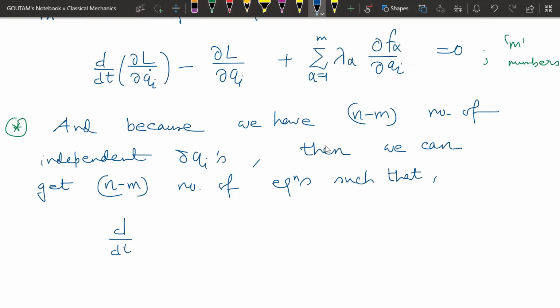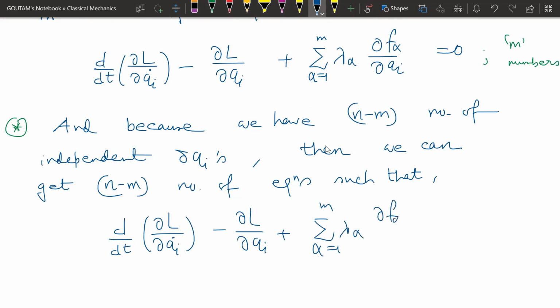d/dt of del L del Qi dot minus del L del Qi plus sum over alpha equal to 1 to m lambda alpha del F alpha del Qi equals 0. So we will have n minus m numbers of such equations.